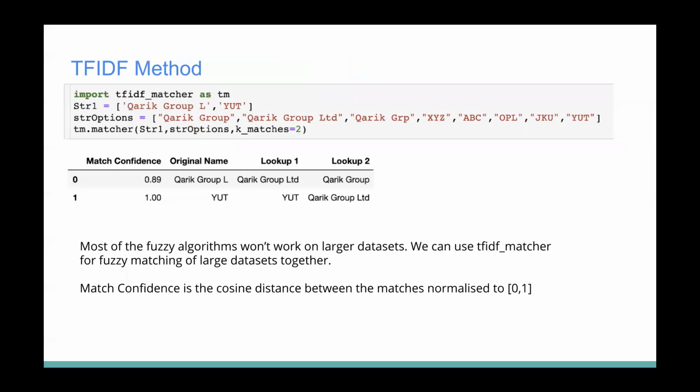So these operations can be done on smaller data sets. But if you have larger data sets, which is a common scenario nowadays, Fuzzy Wuzzy or Levenshtein distance may not help us.